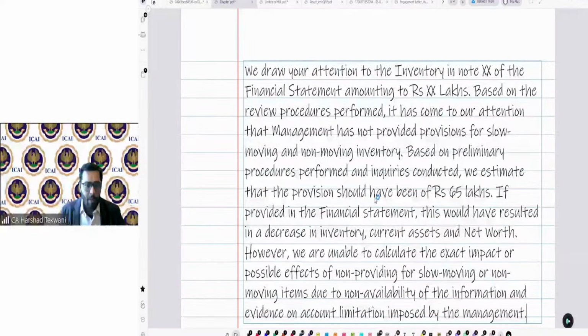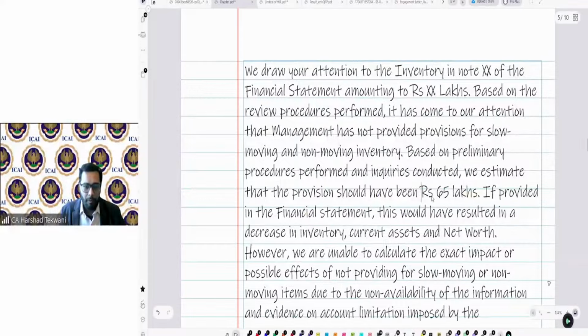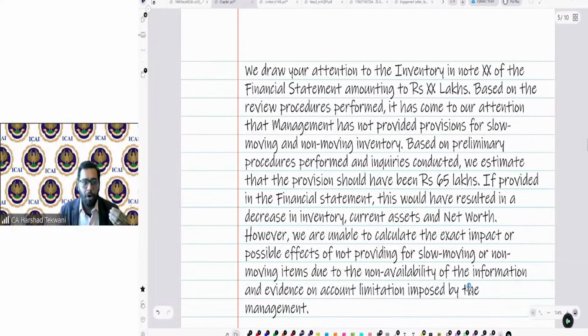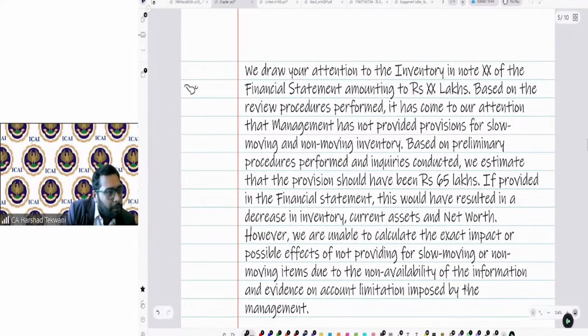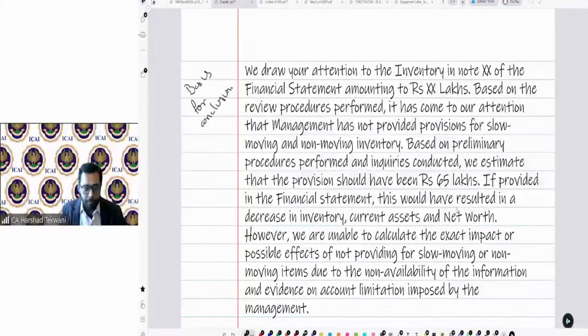So you can write in this way, basically, what a basis for conclusion paragraph looks like in this area. This is an example of a basis for conclusion paragraph.